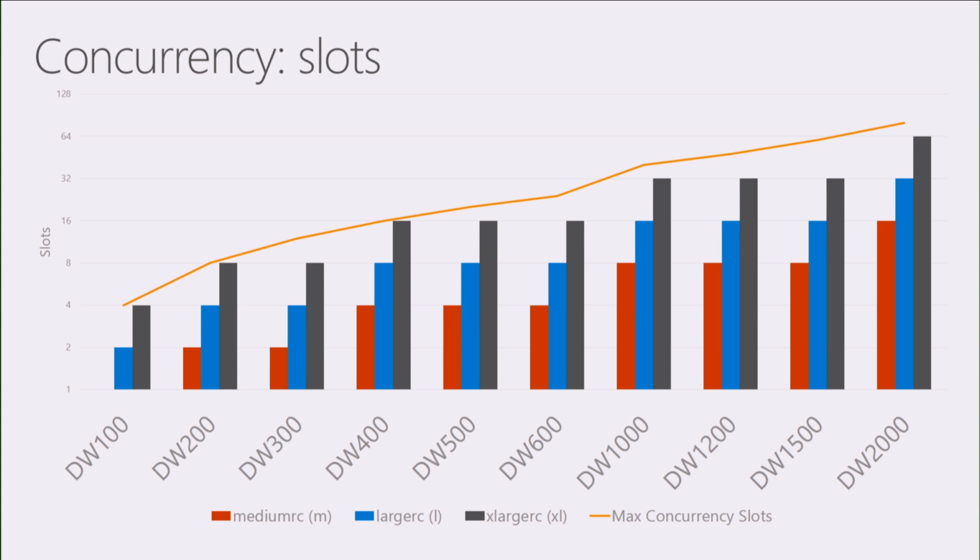Now, there is actually a thing we have in that concurrency model called a concurrency slot. In the concurrency slots, you can see that the actual number of maximum concurrency slots scales as you increase the DWU, till the point that you keep going up and up.